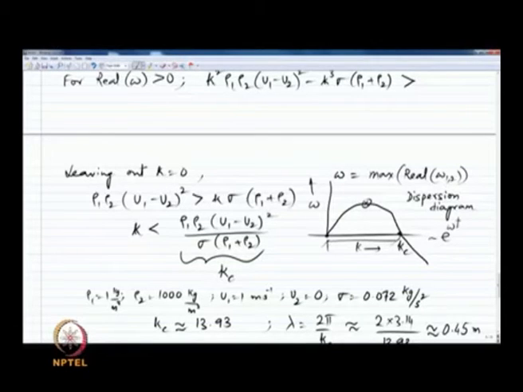It is natural to expect that the wave associated with this particular wave number would grow faster than any other wave, primarily because we are looking at exponential growth of these waves in time.